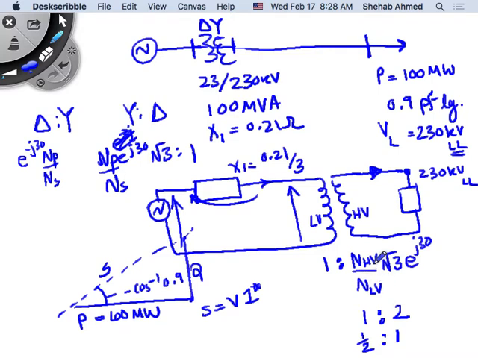I would recommend using n high voltage over n low voltage, because in that case you don't get confused at all. Okay, and then do what? And then divide it by square root of 3. So bringing down the square root of 3, bringing e to the j30 down. But remember, the delta and the star switch places here. So this is n primary and this is n secondary. This is n primary in this case. This is n secondary in this case. Right?